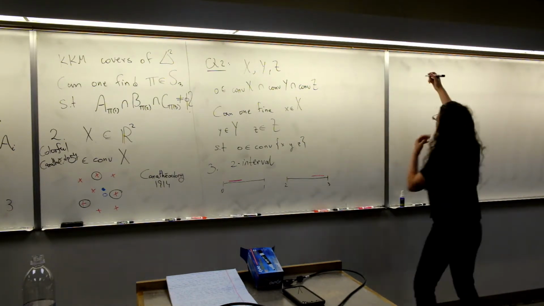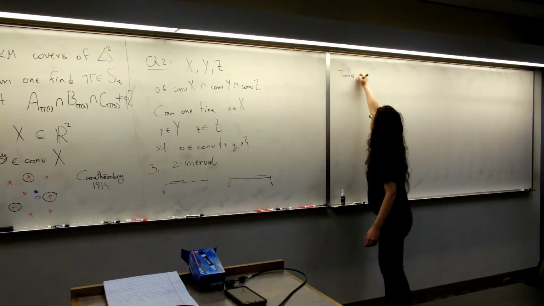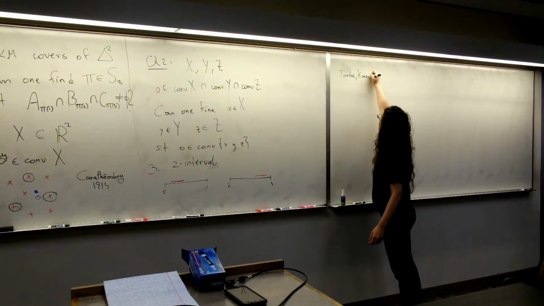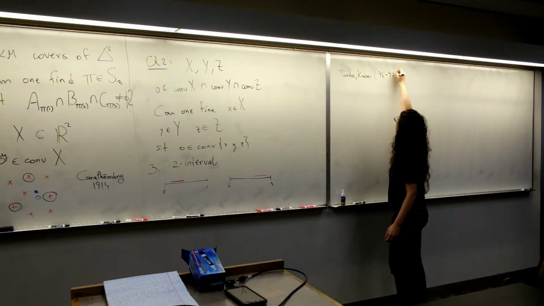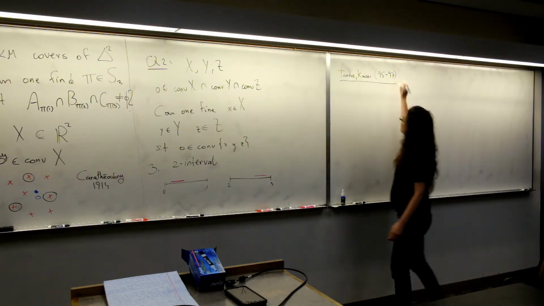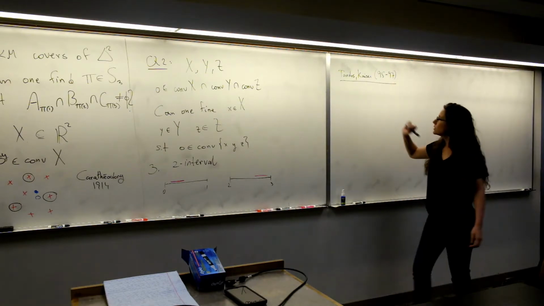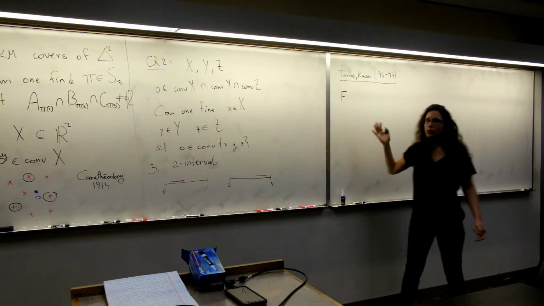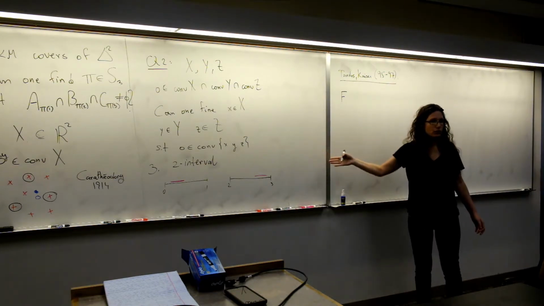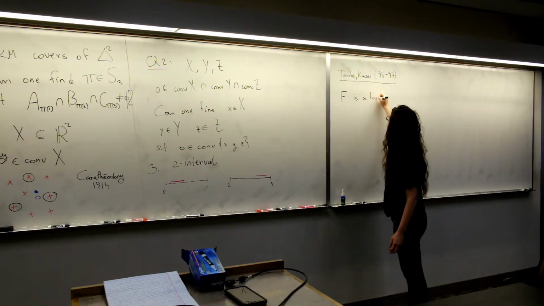Now, a theorem of Tardos and Kaiser, and this is around 95 to 97, tells us the following. So suppose that we have a family F, a finite family of such creatures, of 2-intervals.